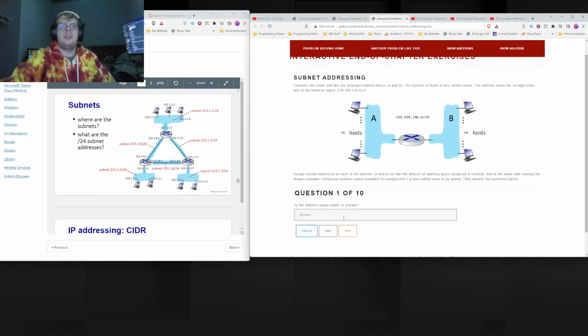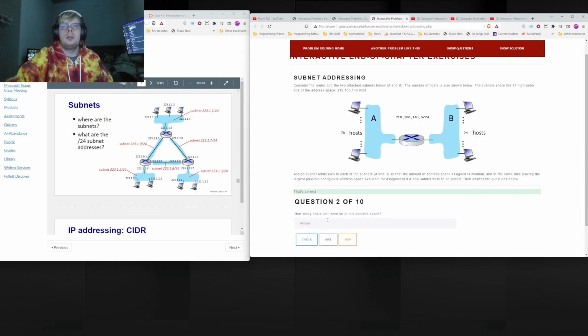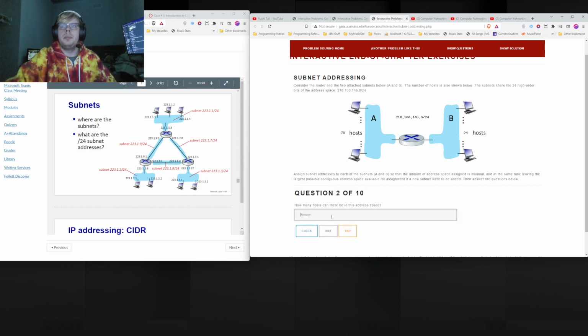Is the address space public or private? See, a question like this is like, how do you know? I guess private. How many hosts can be in here?